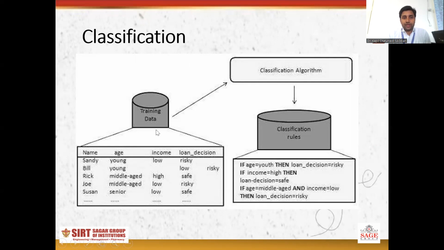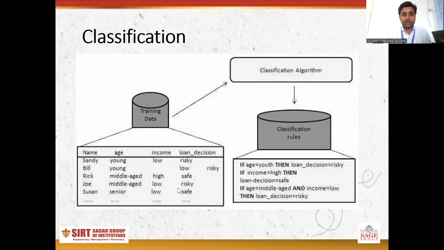In short, classification is a mechanism where we classify the data on the basis of if-then rules. We have one example. A finance company has to classify the data of different customers to sanction their loans, deciding whether a loan should be sanctioned or not.